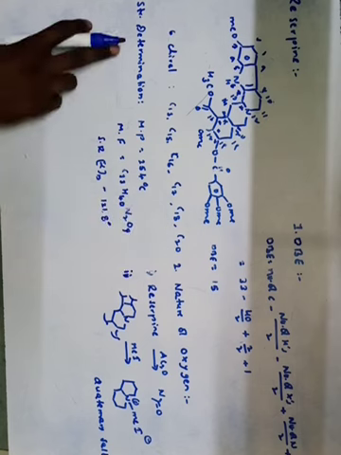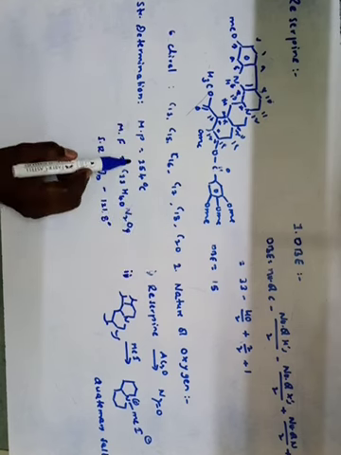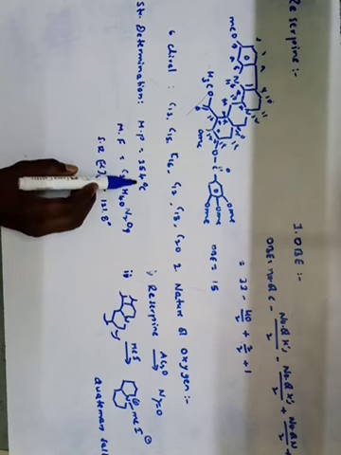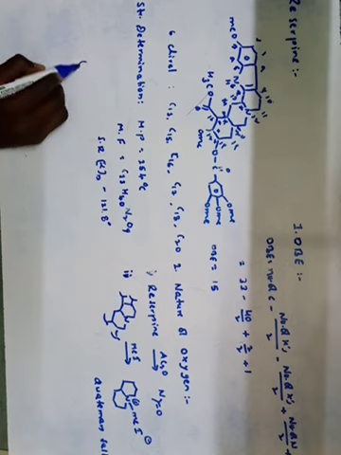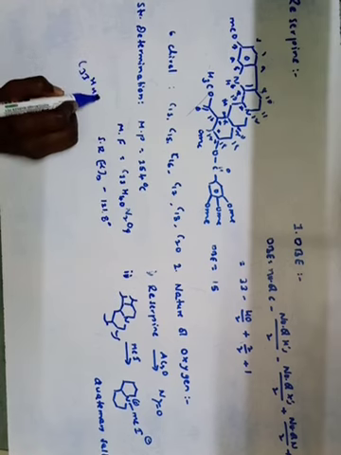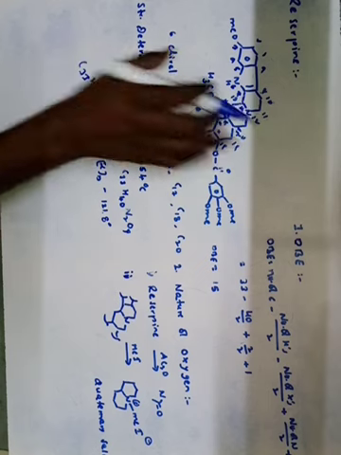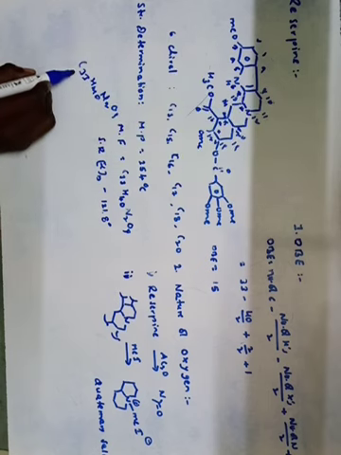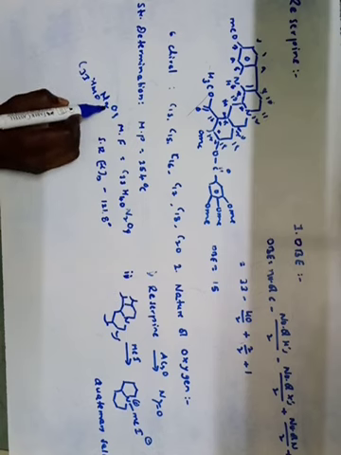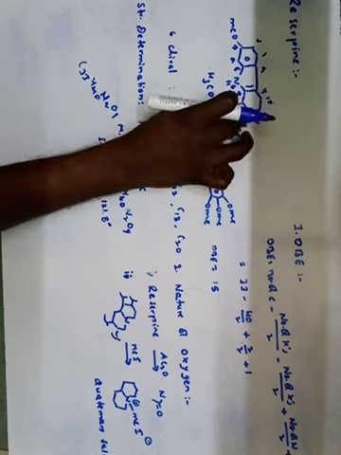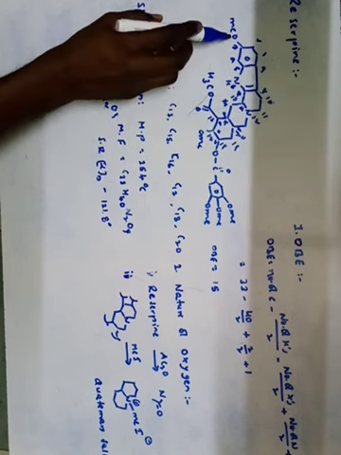Its melting point is 254 degrees centigrade, and its molecular formula is C33H40N2O9. This molecule contains 33 carbons, 40 hydrogens, and two nitrogens, here one nitrogen and here one nitrogen, and 9 oxygens, here one, here like this.